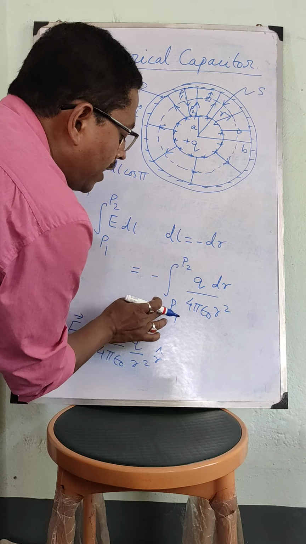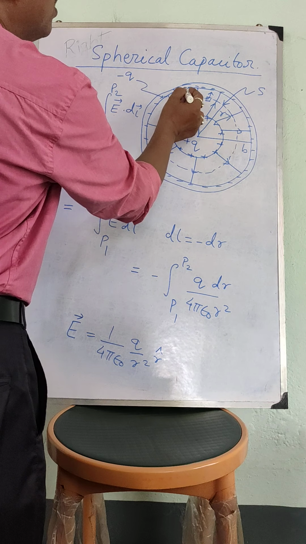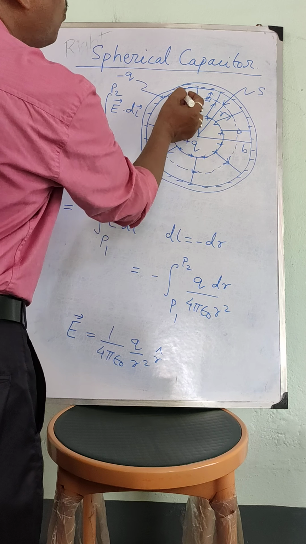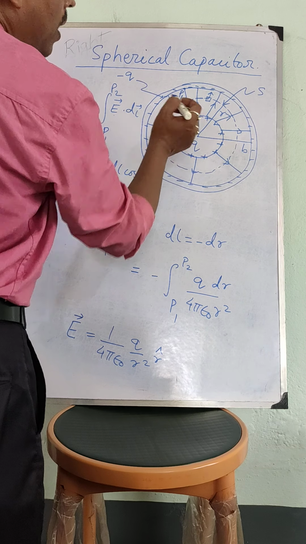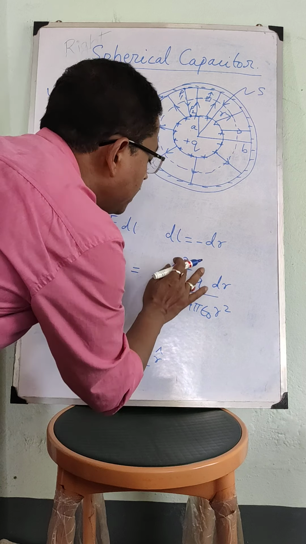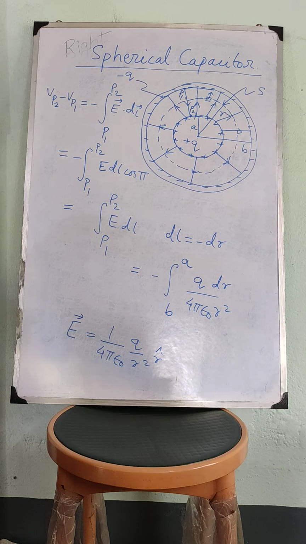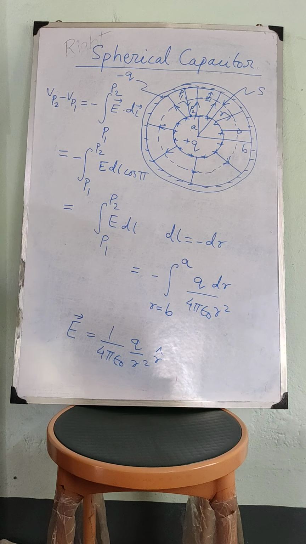So I can put the limits of r here, lower limit and upper limit. When I am at P1, the value of small r is b, and when I am at P2, the value of small r is a. So this is from b to a.